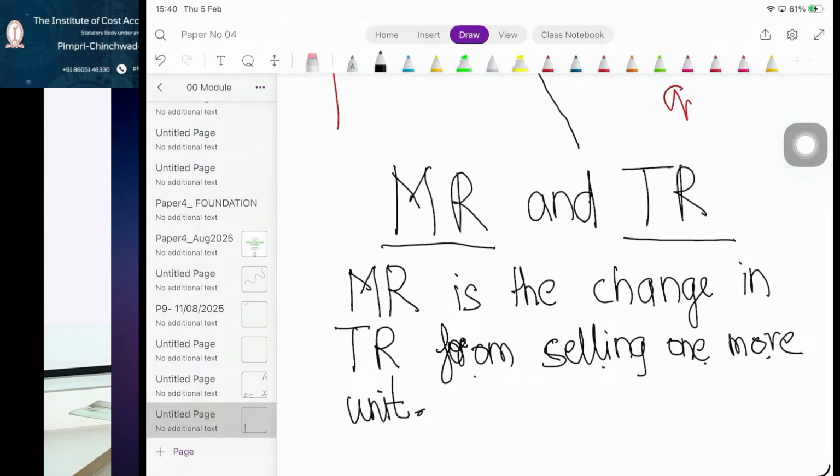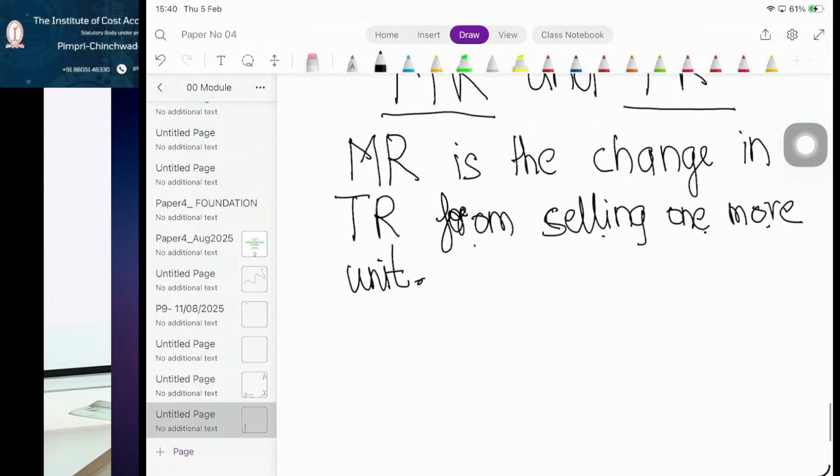Change in total revenue from selling one more unit. Okay, now this can be written as marginal revenue, and I'm saying it is a function of quantity. MR depends on quantity.